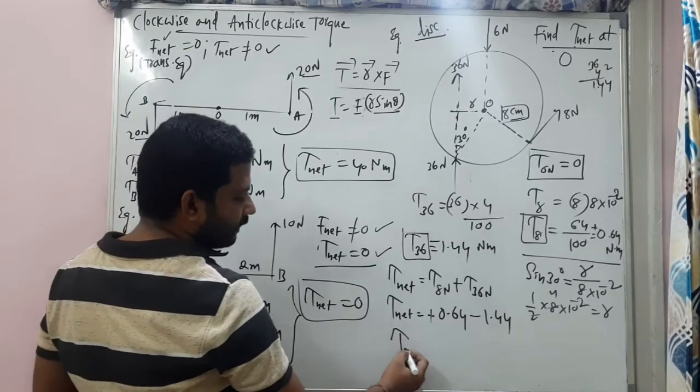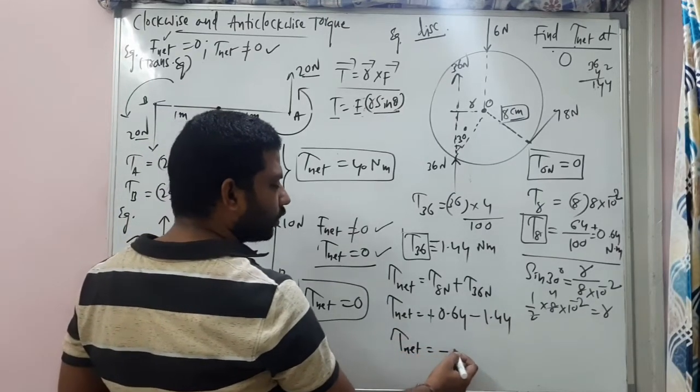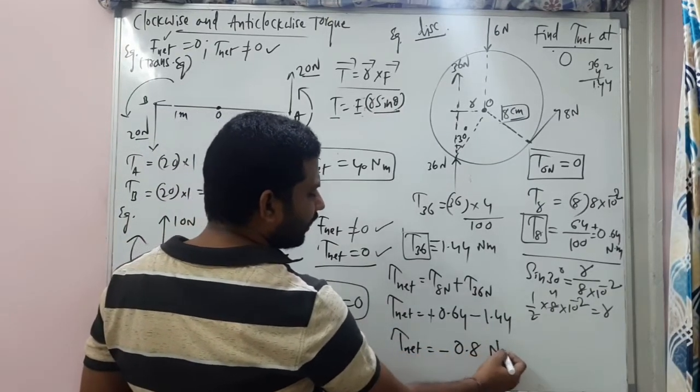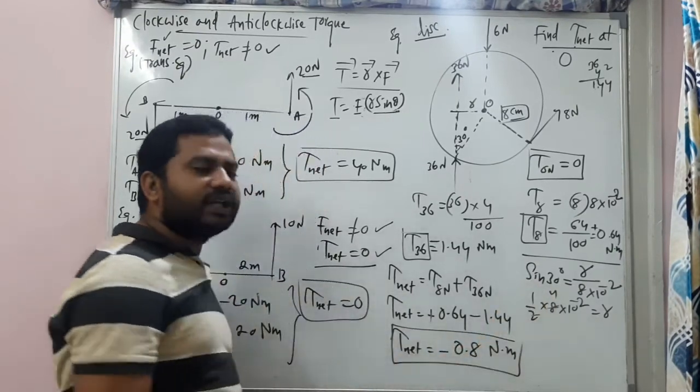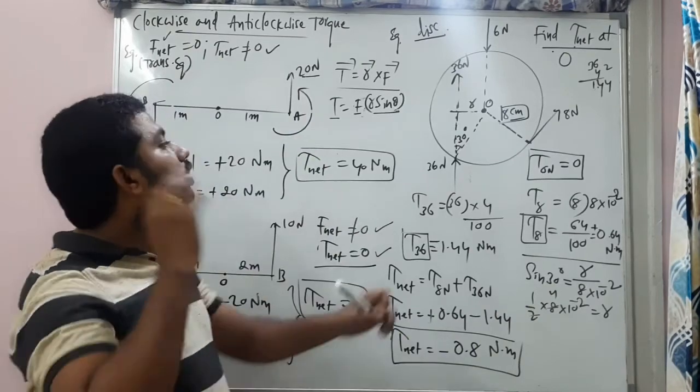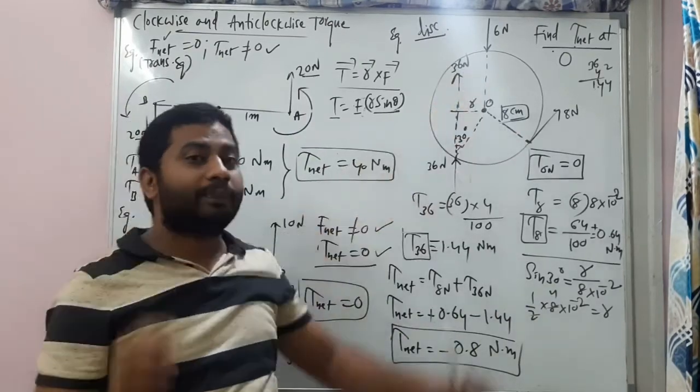So the net torque is equal to minus 0.8 Newton meter. So where the negative sign indicates what? The net torque is into the plane.